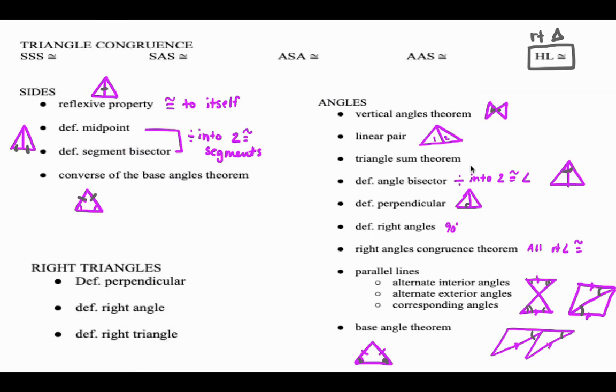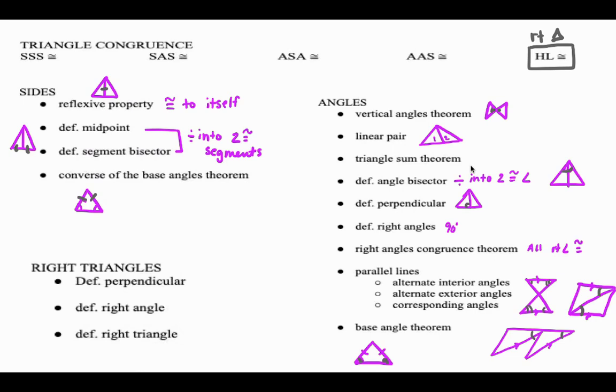So just keep in mind the reflexive property, the definition of midpoint, the definition of bisector, and the converse of the base angles theorem. For angles, we often use vertical angles, rarely, but occasionally we'll use the linear pair or the triangle sum theorem. Bisector, perpendicular, right angles, the right angle congruence theorem.